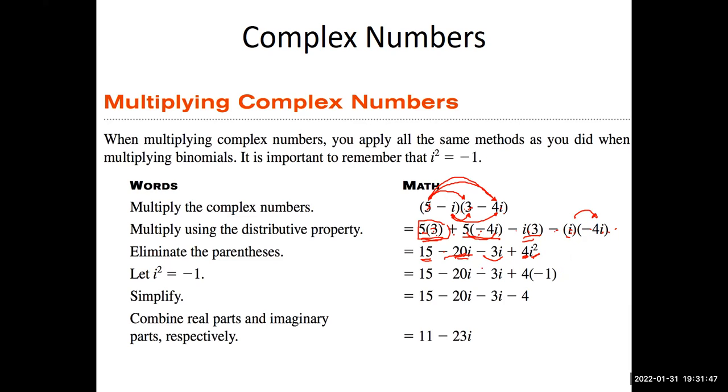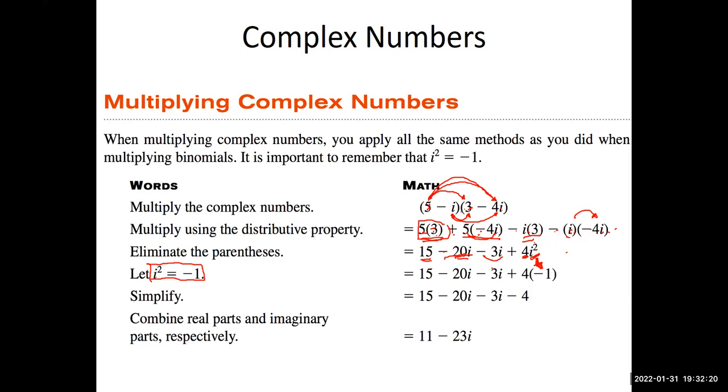Okay. So, meron tayong previous identity, di ba? Na yung i squared daw ay equal to negative 1. Okay? Kuha? So, meron tayong i squared dito. So, itong i squared na to, papalitan natin ng negative 1.